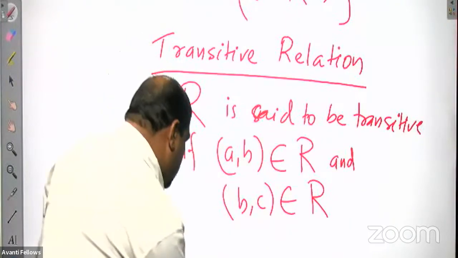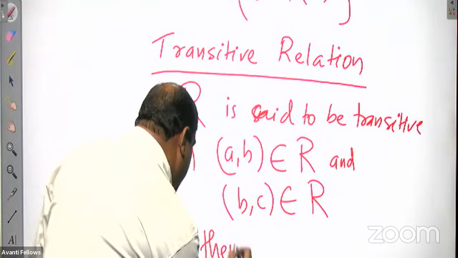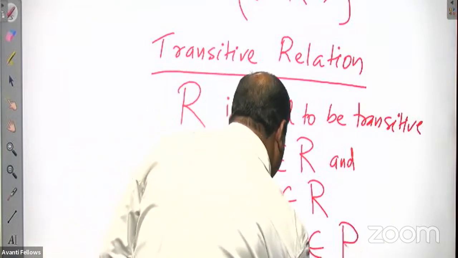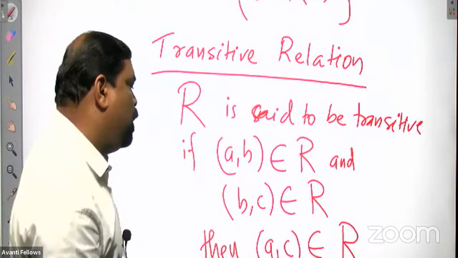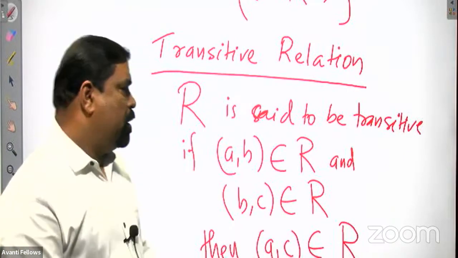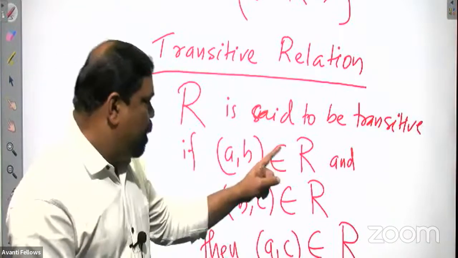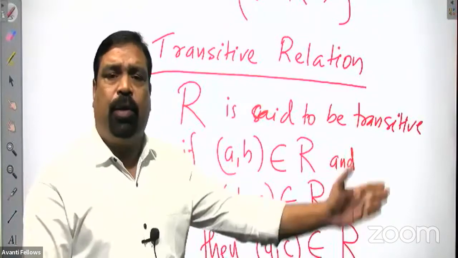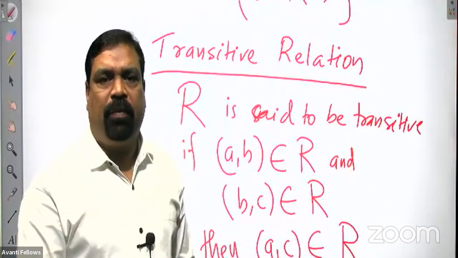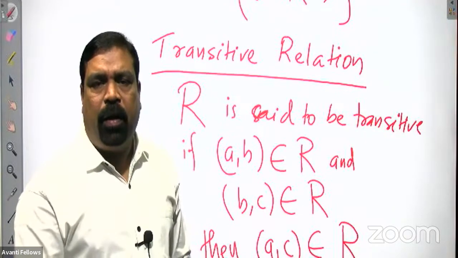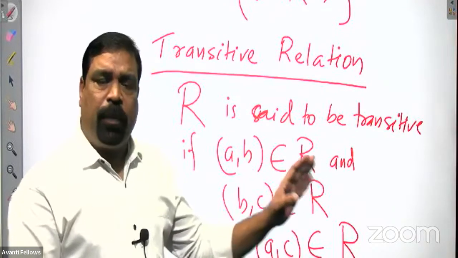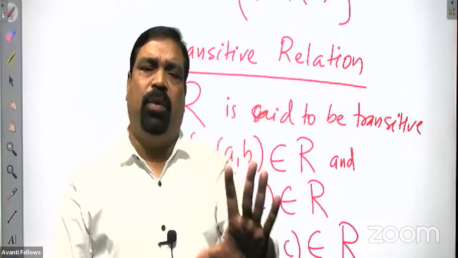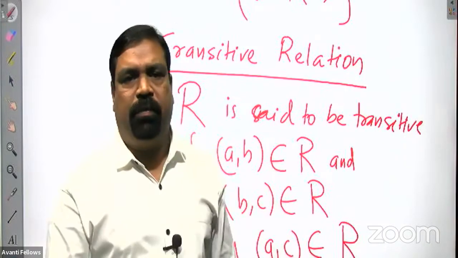Then (A, C) must be there in the relation, which implies (A, C) belongs to the relation. That means if A is related to B and B is related to C, then A must be related to C. If (A, B) is there, (B, C) is also there, then (A, C) must be there. Then only it will be transitive.